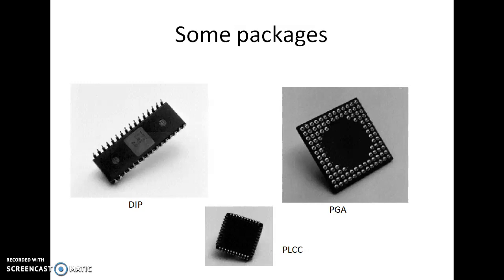Coming to the other types of packages, pin grid array. In pin grid array, we can see relatively more number of pins. More pins are provided on one side of the package. The advantage with pin grid array is high pin density.